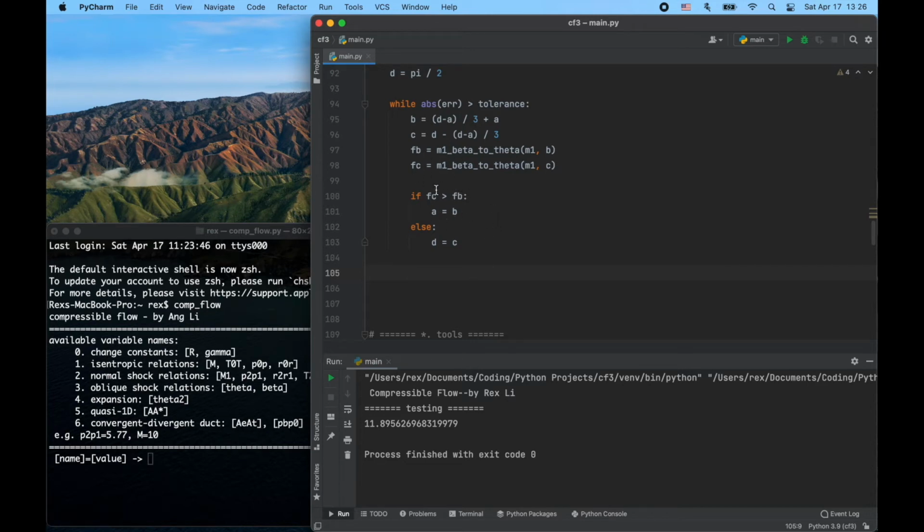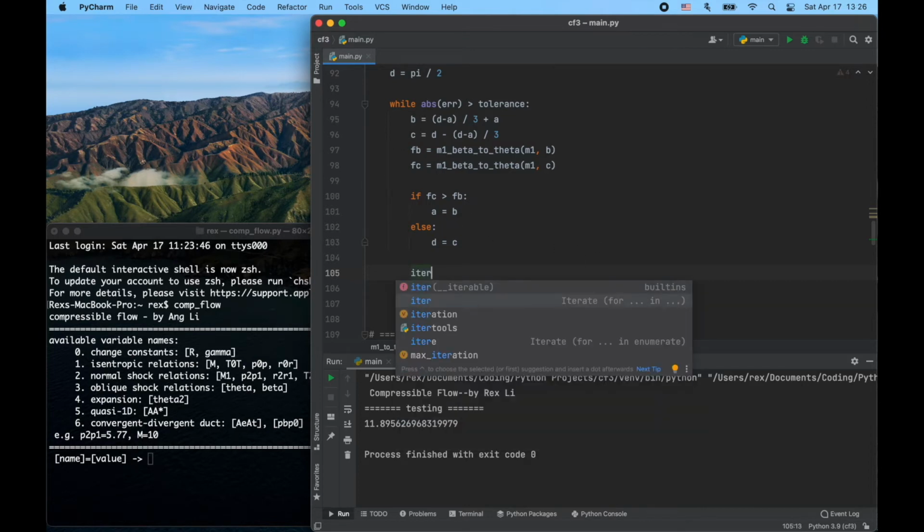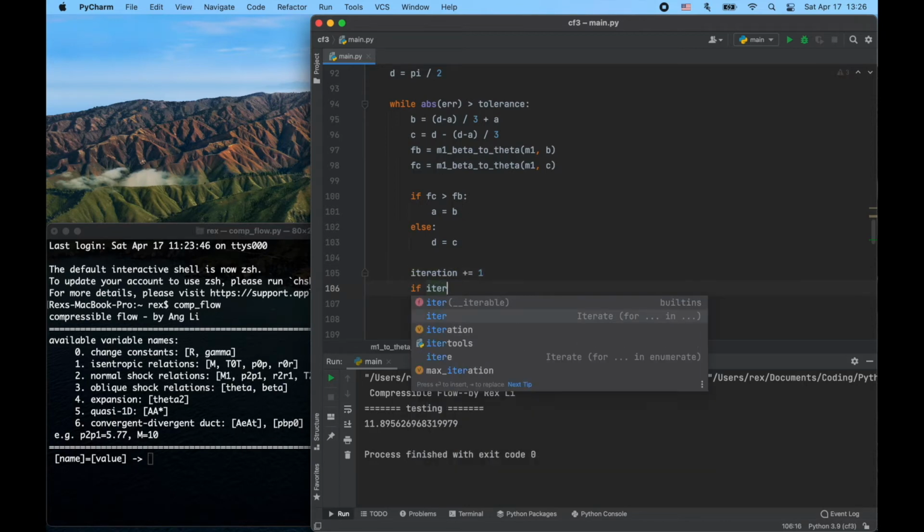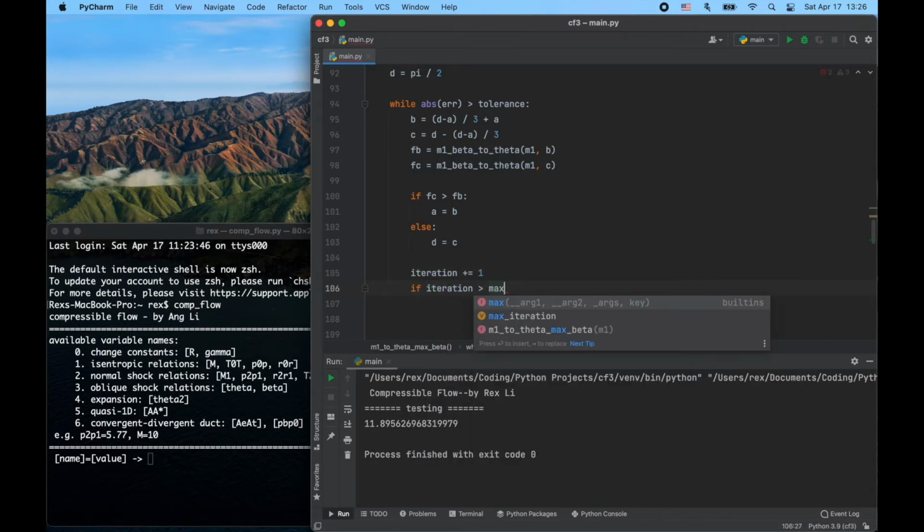We have to make sure there's a way for the program to jump out of the loop. So iteration, we increase that by 1 and check if that number is larger than the maximum value allowed.